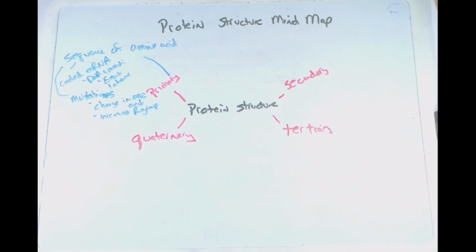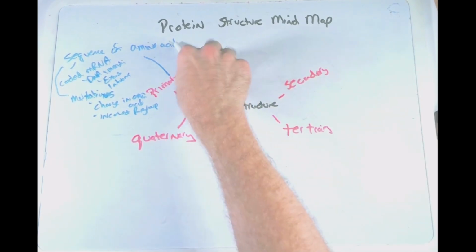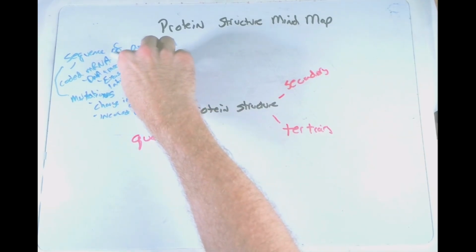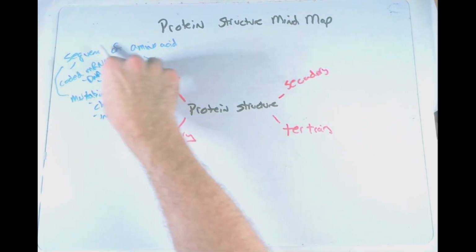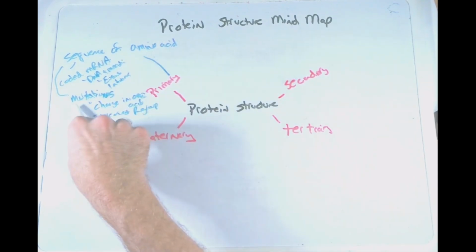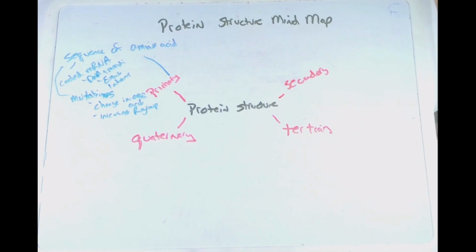That could disrupt the shape of the protein, and it may result in a non-functional protein. And so the concepts for primary structure: sequence of amino acids, coded by messenger RNA and how that messenger RNA is formed, and what happens if we change that sequence of amino acids with a mutation, potentially disrupting the function.